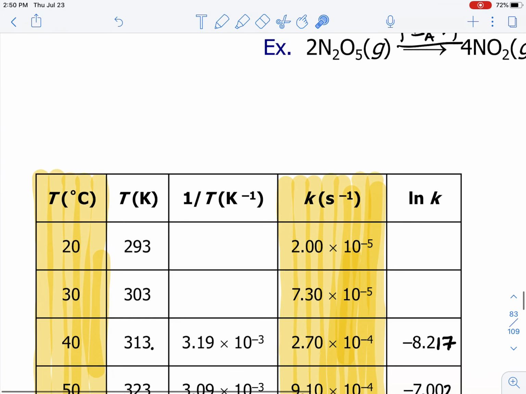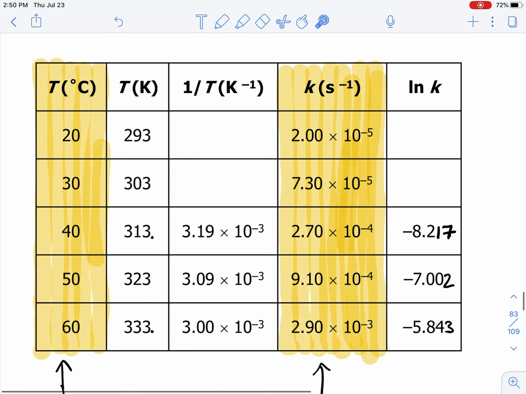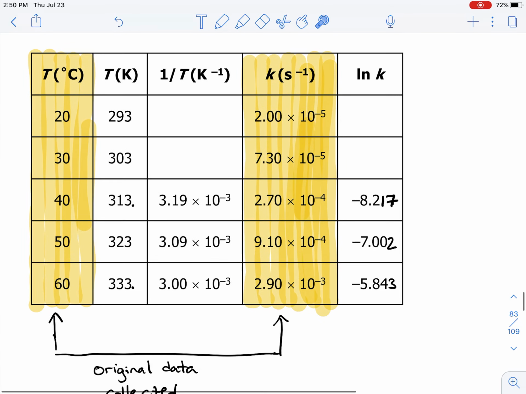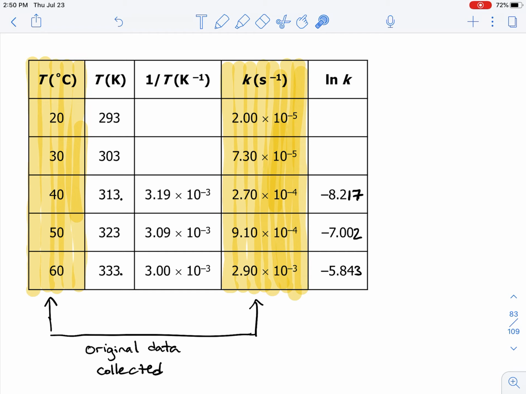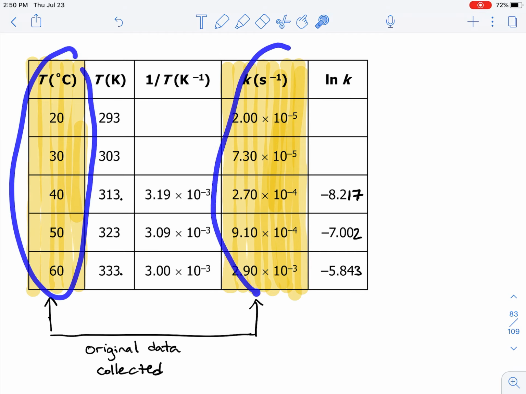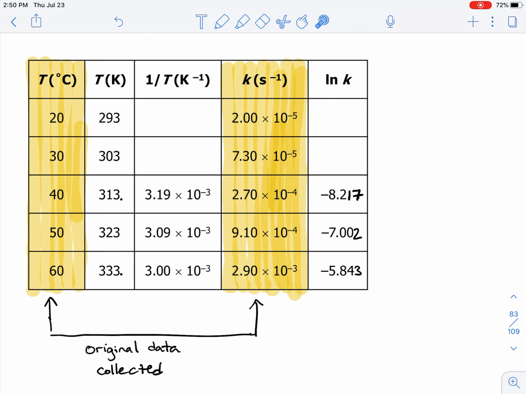And so I went ahead and just filled in some stuff here. And so what I highlighted is the original data that's collected. And so all of the other stuff that I have not yet highlighted is the follow-up steps to getting to the point where we need to get so that we can plot this on a graph and create a straight line.